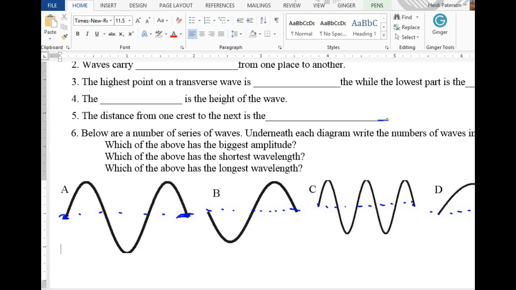So I suggest you draw it in so that you can take your ruler and start measuring some amplitudes for comparison. Which one of those three waves has the biggest amplitude?